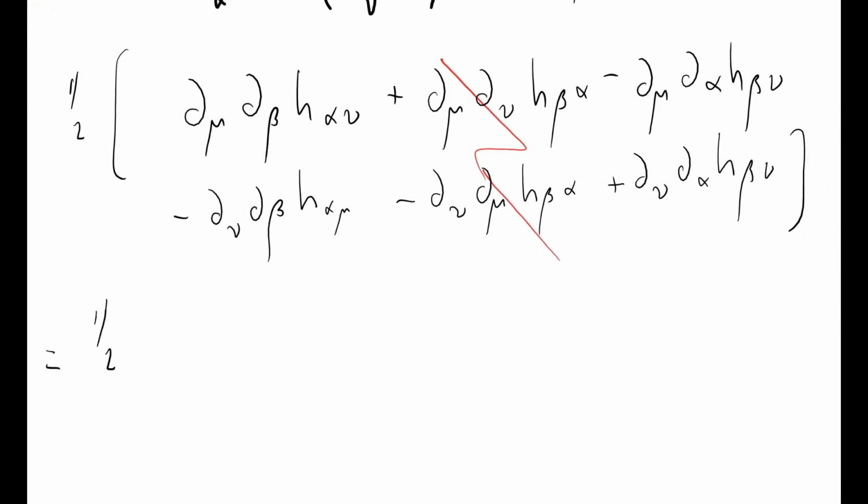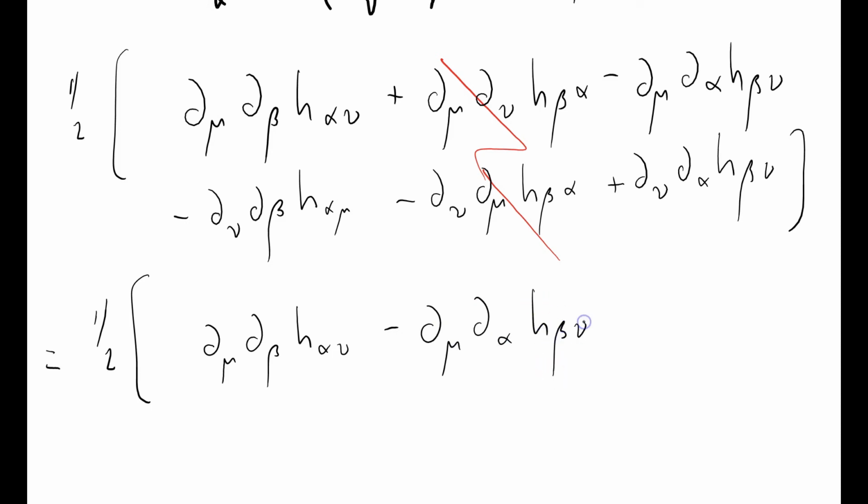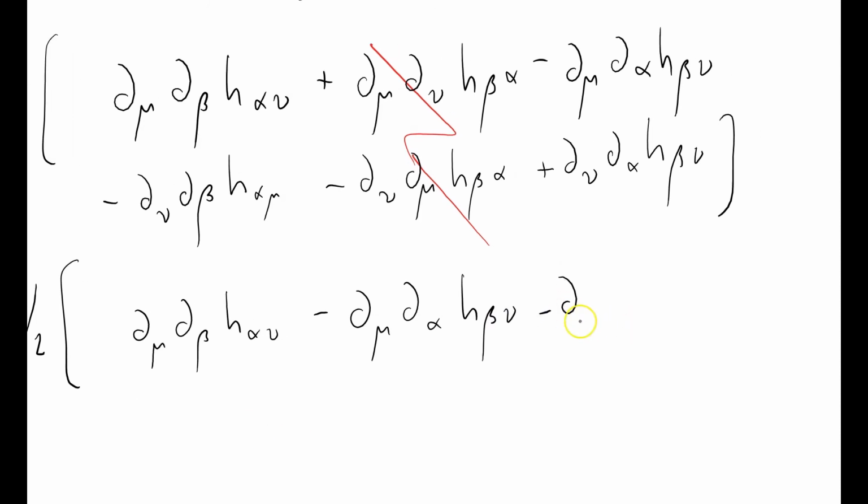So I can go back to black. And what have I got? I've got the fact that it is a half di mu di beta h alpha nu, which is this term here, minus di mu di alpha h beta nu. It doesn't cancel out, does it? Nope, that term there. Minus this term here, di nu di beta h alpha mu.